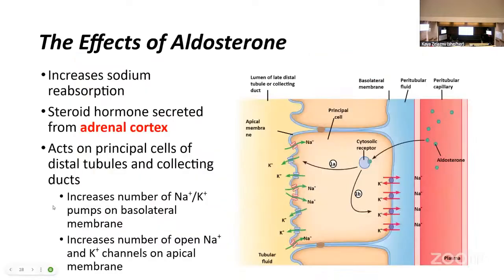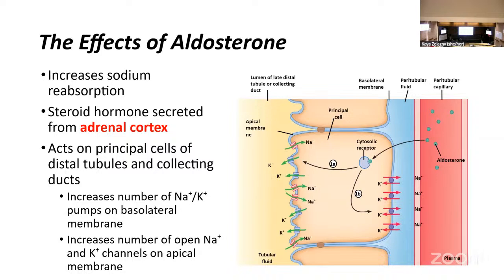The regulation piece is going to come into play in the principal cells in that same location as we just saw in the previous slide. So a different type of cell, but still in the distal tubule and in the collecting duct. So these cells are going to be reacting to aldosterone just like they were kind of reacting to ADH. Okay.